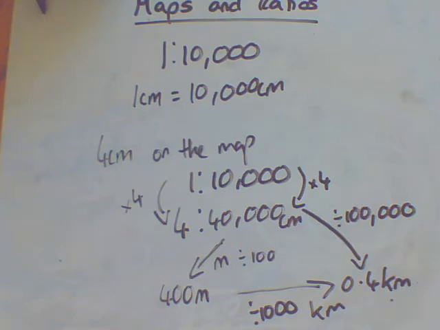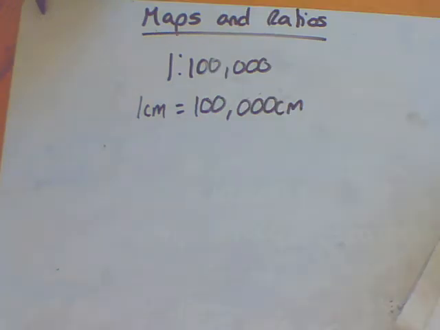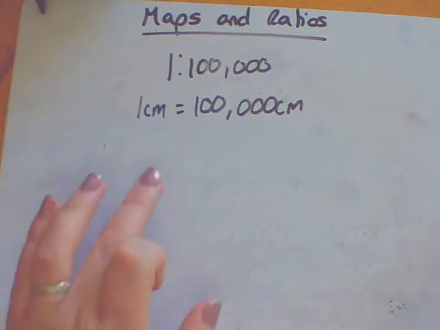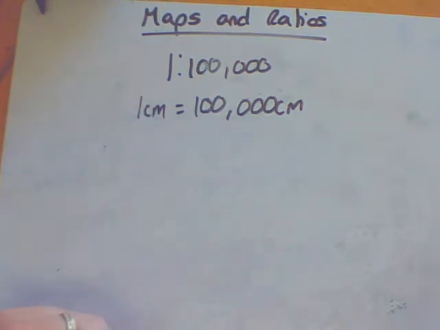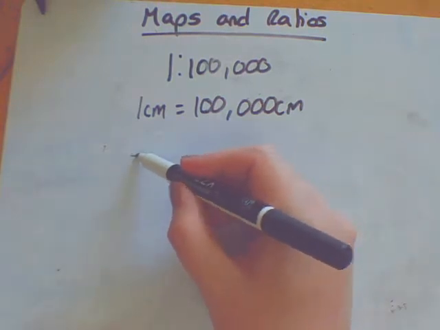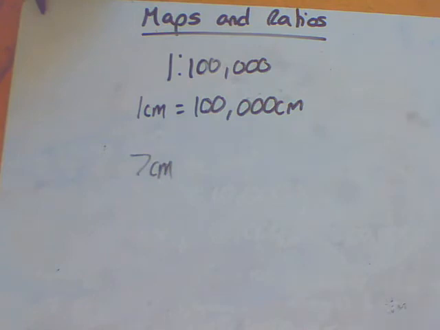Okay, let's have a look at another one. Okay, so you'll see that I've changed ratio this time. So this time our ratio is 1 to 100,000 centimetres. So for every centimetre on the map, that is 100,000 centimetres in the real world. So what we're going to do is like we did before. This time we're going to convert 7 centimetres into a real world scenario.